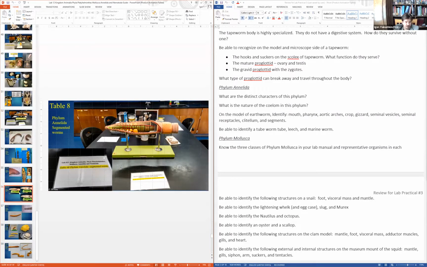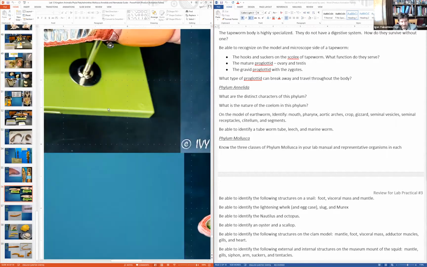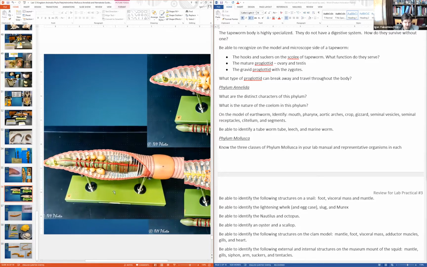Actually, you probably should, so let's take a look at that picture. This band on the front end of the earthworm is the clitellum. The segments are those repeating units.